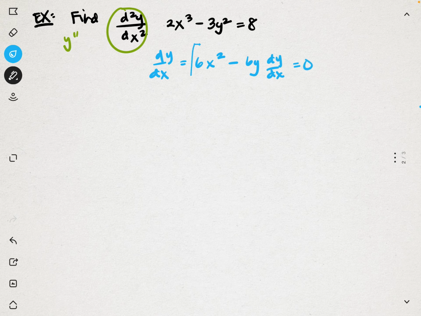Okay, so we're looking at this thing here. Now what we're going to do is solve this for dy dx, just like we did in the last one. So actually I should probably just take this away because it's going to confuse us. So the derivative of y with respect to x, we're going to move our 6y.